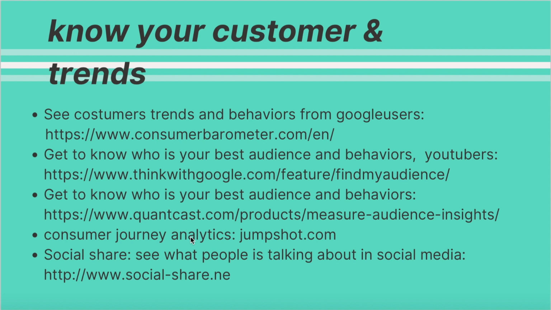So you can look at, for example, consumer trends and behaviors in general aspects from Google users. Know that most of your users are going to be Google users unless you're in a B2B market, but even there. So you have something pretty cool that is called Consumer Barometer, where you can find general insights about customer trends and behaviors.